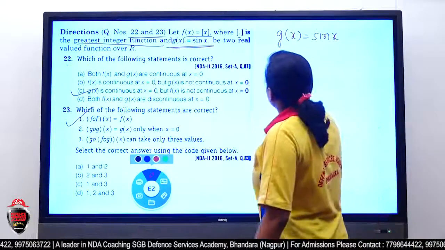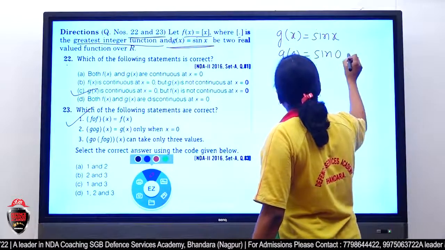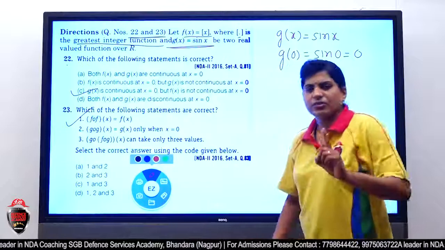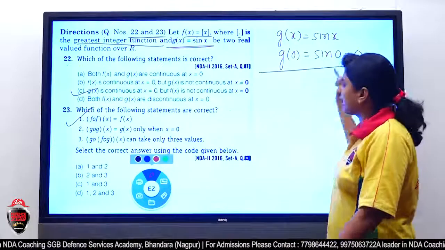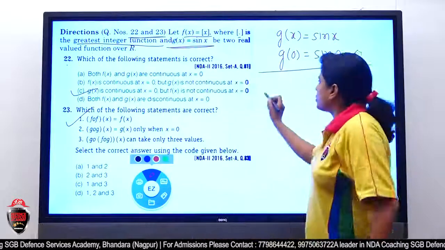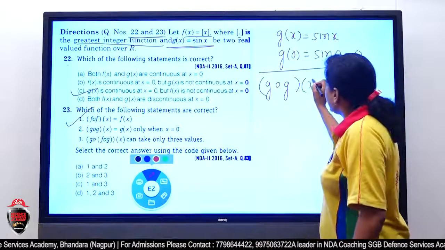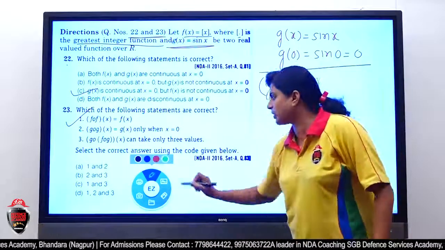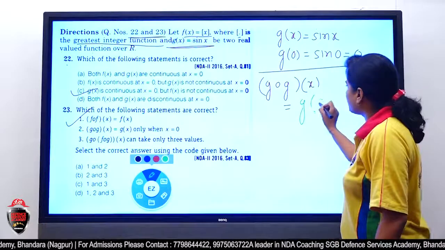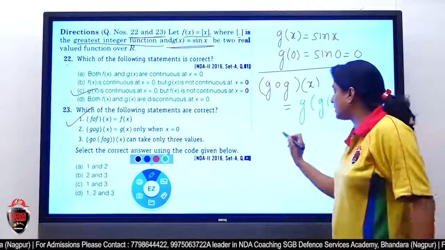It means g of 0 is equal to sin of 0, and sin 0 has value 0, first case. For the second one, that is composition of itself, g compose g of x which is nothing but what can we write? g of g of x. But what does g of x mean?